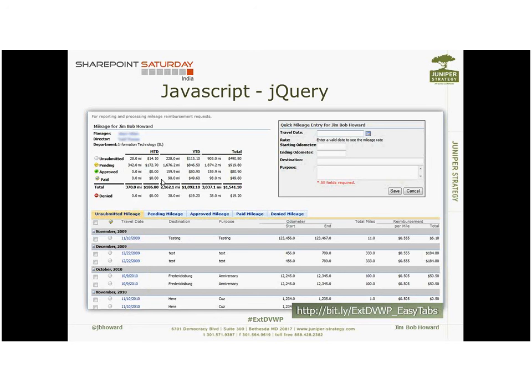Now, in other words, what we're actually looking at here is when this page is created, there are actually 5 data view web parts that are down at the bottom. There's the unsubmitted mileage, pending mileage, approved mileage, paid mileage, denied mileage. All of that would actually scroll down the page because it would just be one right after the other. But with jQuery, what it does is it takes those individual web parts and it says, which one is the one I want to show?